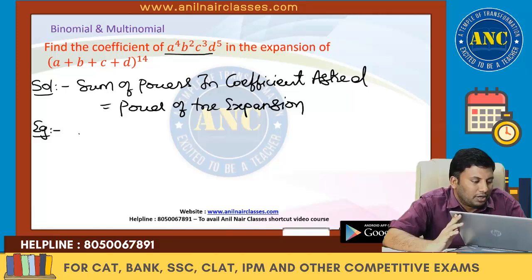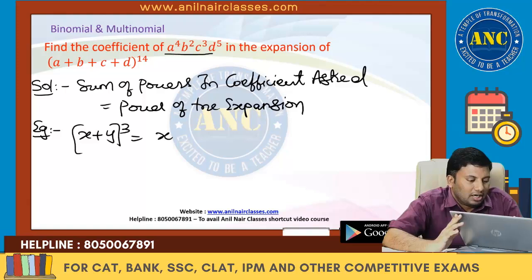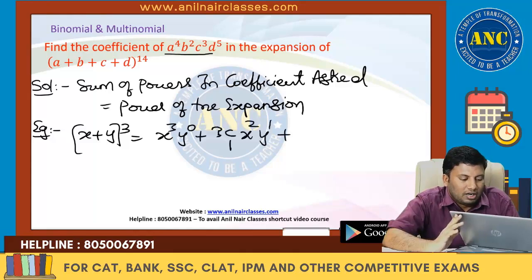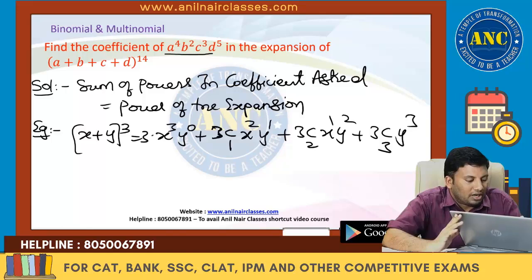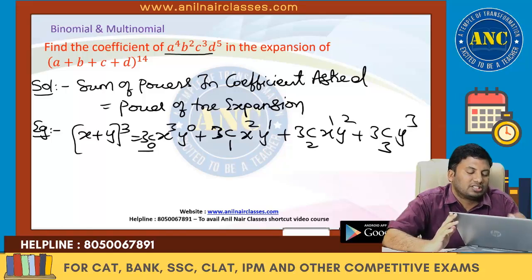For example, (x plus y) power 3 is nothing but 3C0 x cube y power 0, 3C1 x square y power 1, 3C2 x power 1 y power 2, 3C3 y power 3. Now what is the significance of these 3C0?